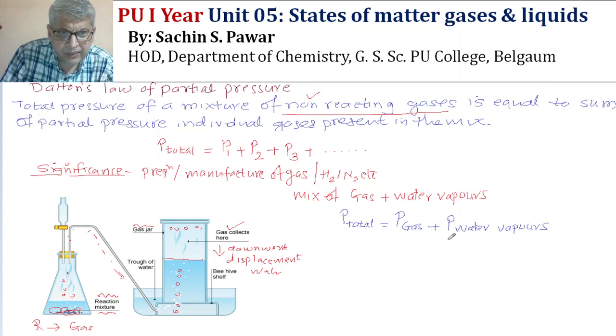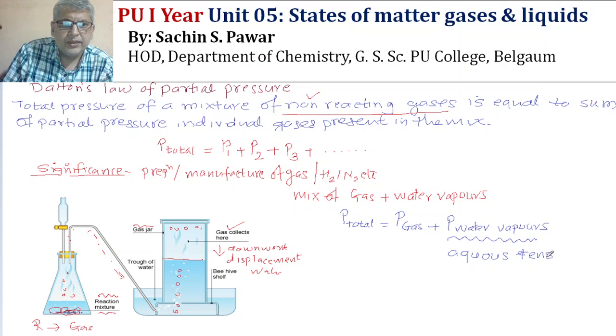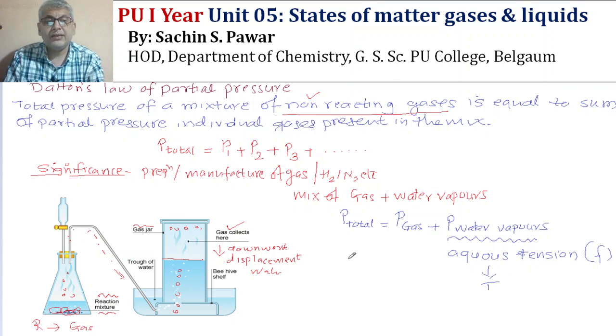The pressure of the water vapors is known as aqueous tension, and its symbol is F. Its value is fixed at a specific temperature, and in the literature the values of F at various temperatures are known to us.